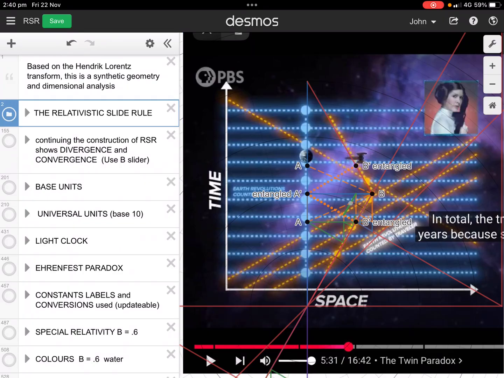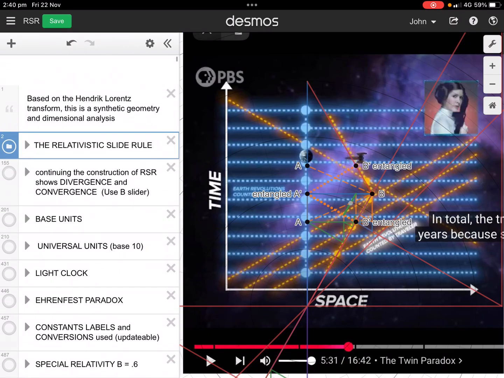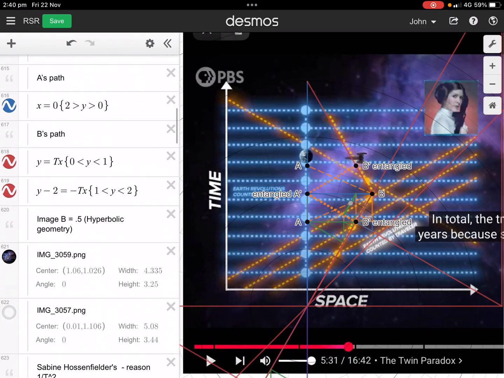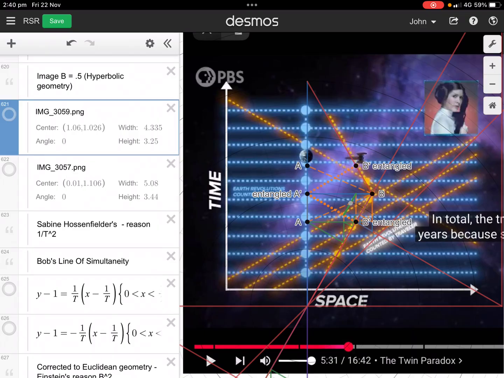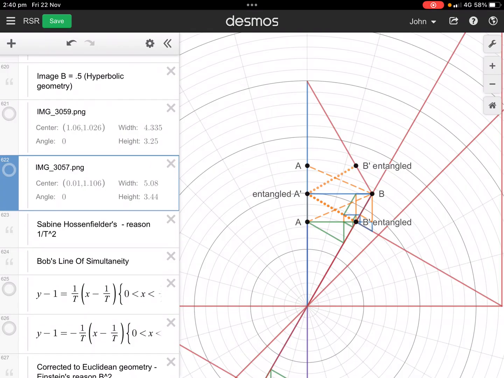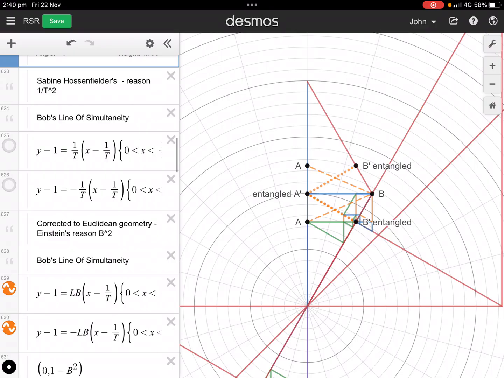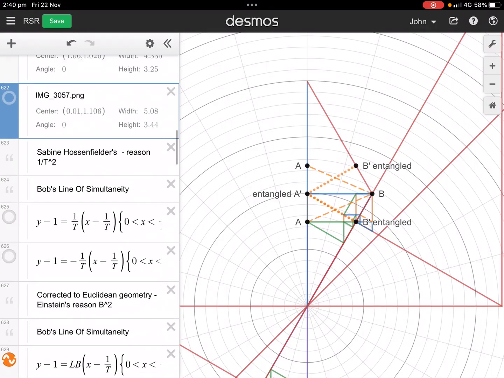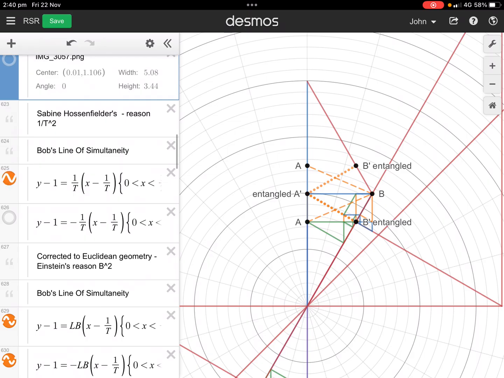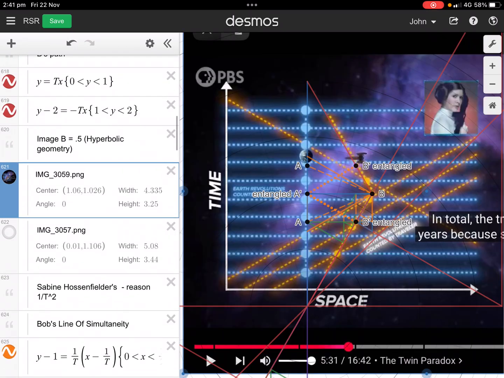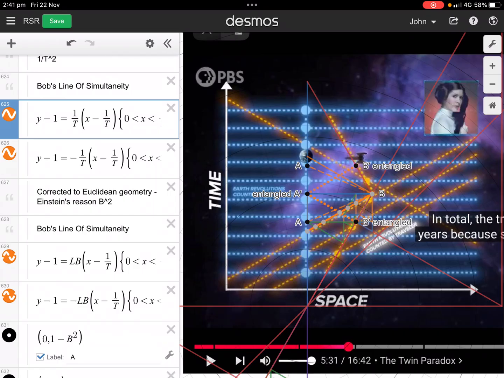Now notice that my angle for Bob is not the same. And why is that? Well, it's because I'm not using hyperbolic geometry. If I was using hyperbolic geometry, I would go for that, and that actually does match. That line there actually does match, and he's at 0.5.